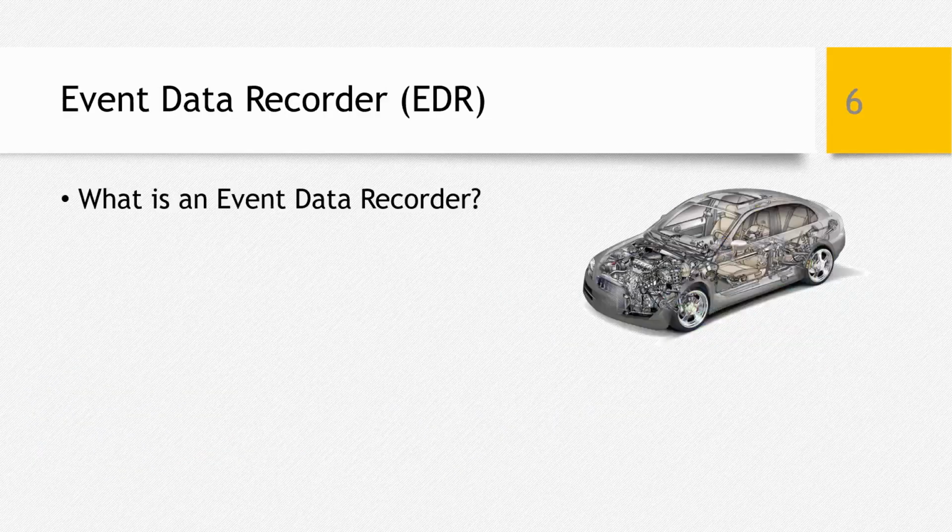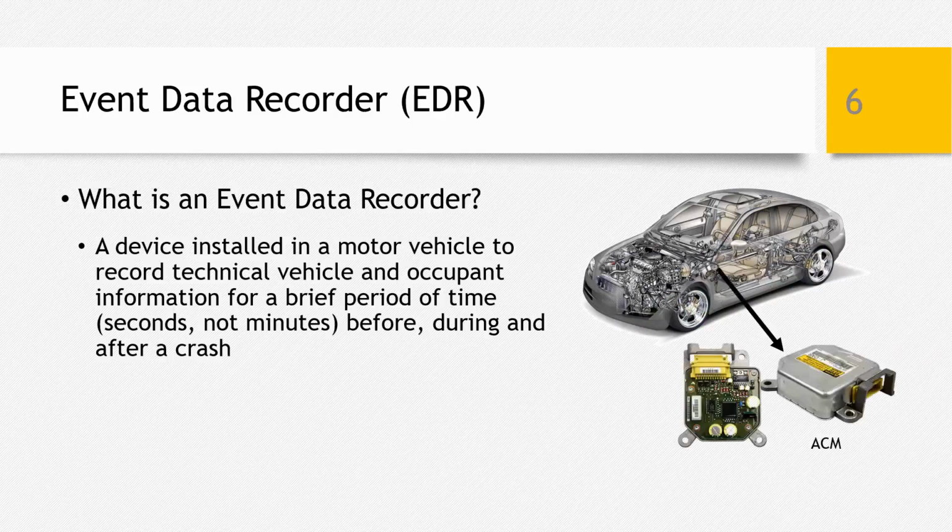So what is an event data recorder, Ken? Every vehicle that has an airbag in it has an airbag control module, or ACM, and most airbag control modules contain an event data recorder, or EDR.